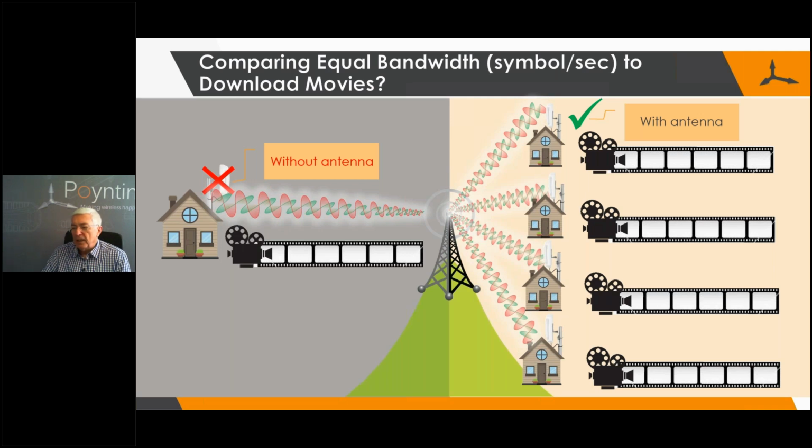Now watch closely how the video download progresses on the house without the external antenna, and how the download proceeds on the houses with the antennas. Here we go. You'll see it started. Number 1 at the top is done.